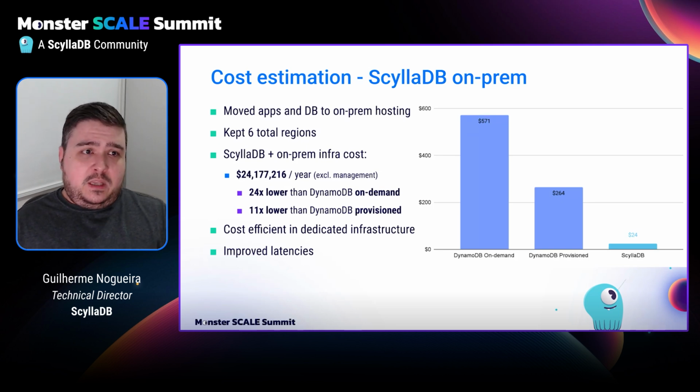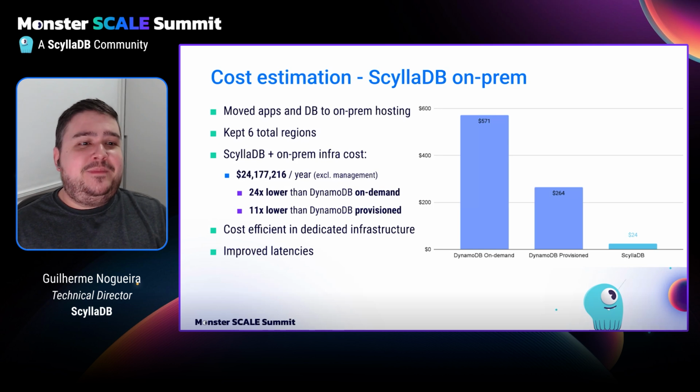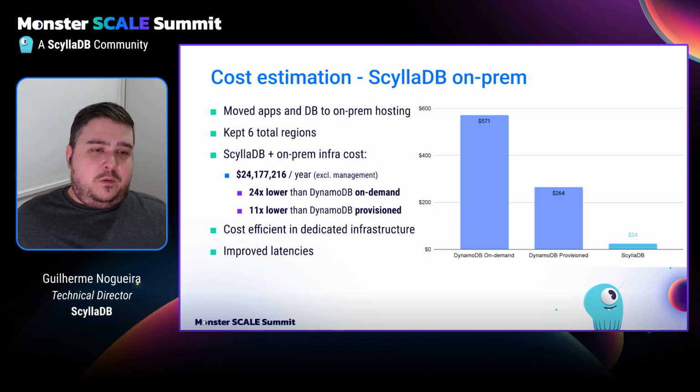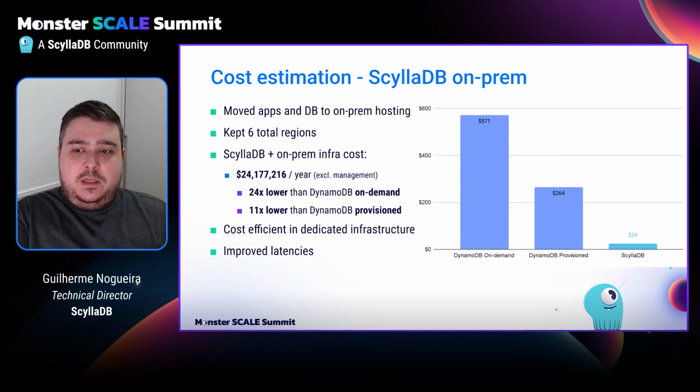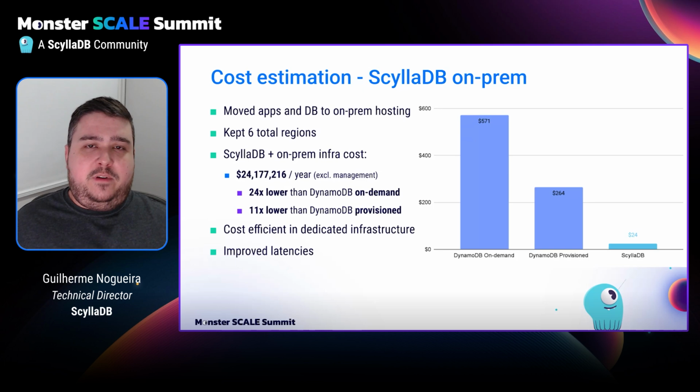They migrated the application and DynamoDB into Alternator on-prem, keeping a total of 6 regions and replicating data across all of them. The yearly cost for this solution on-prem, including infrastructure, meaning the hardware that the servers are running on, is $24 million, including Scylla licensing plus the hardware itself, but not including management or networking or additional variable fees that are harder to estimate and to share.